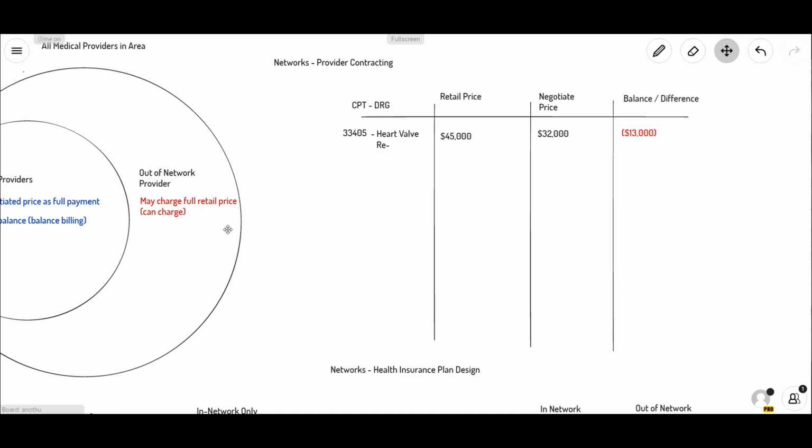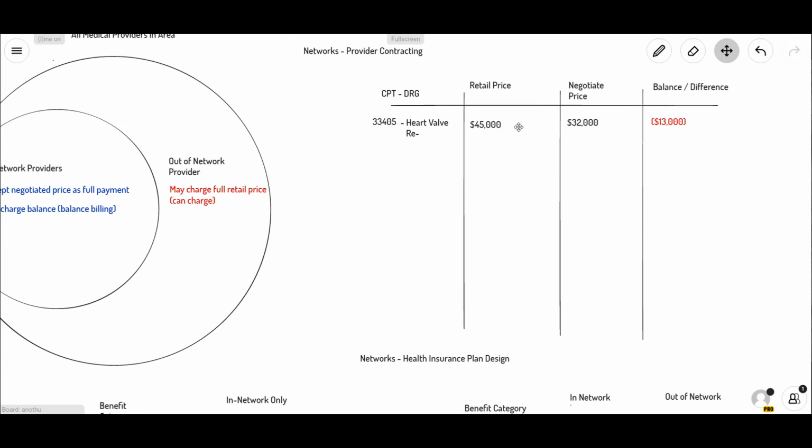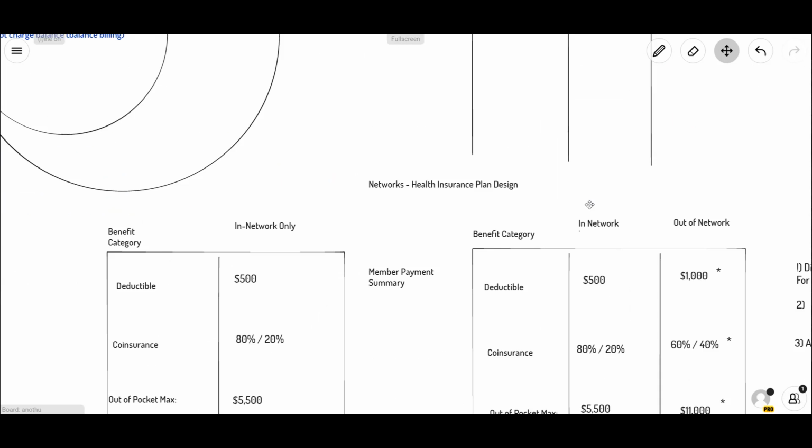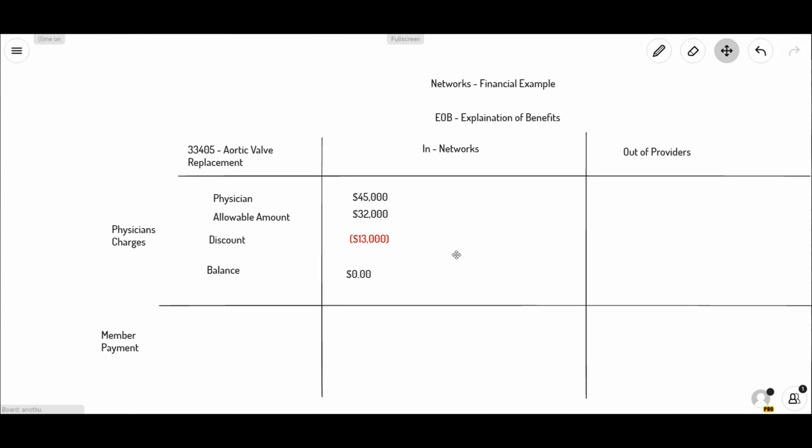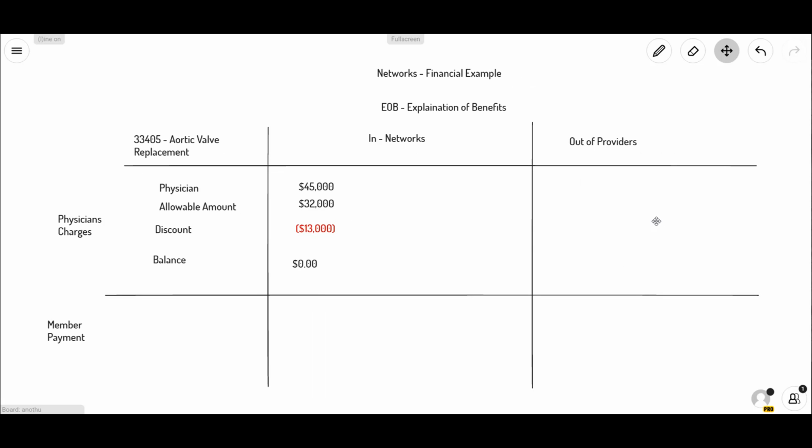We've said that if the provider's in network, the provider may not charge this balance. So in this example, they cannot charge that balance. It's discounted, and that's it. The provider can only charge $32,000.